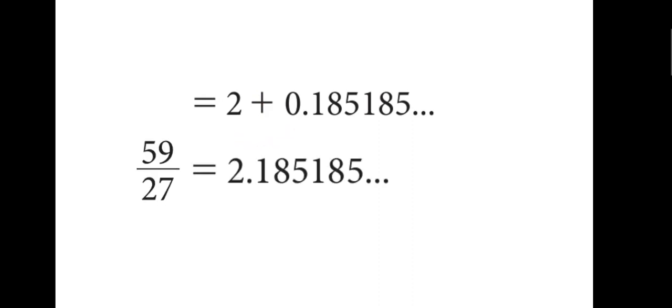The answer will be 2.185185, etc. So 59/27 equals 2.185185, etc.